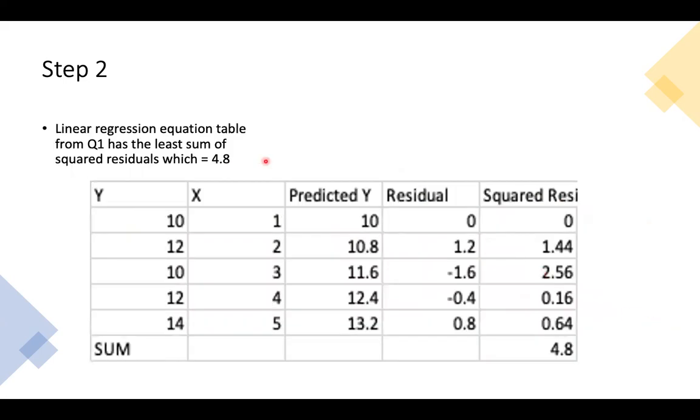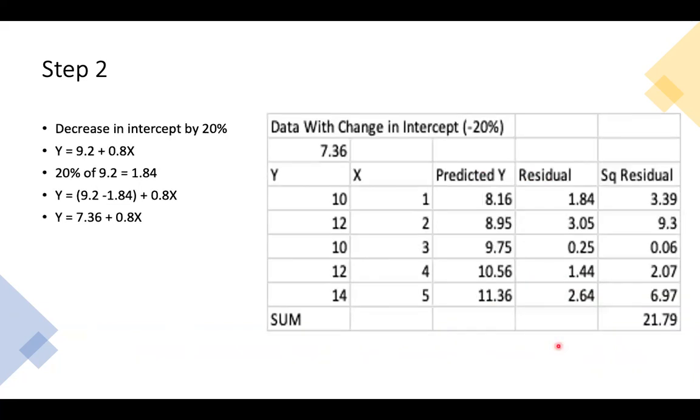Comparing the three lines, the normal line, the line equation from question 1 as a clean table, you see that it has the least squared residual of 4.8 compared to the others, which are 21.79 and 21.73 respectively.